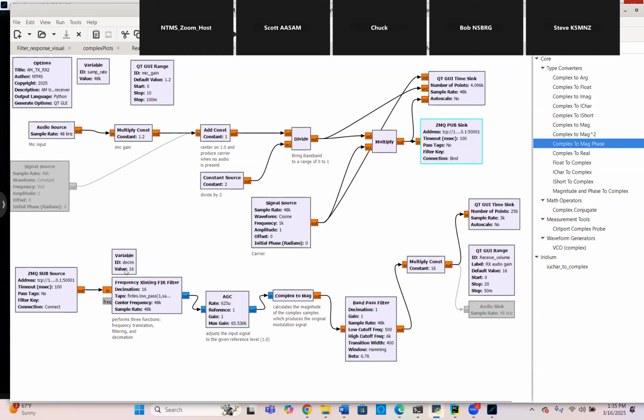I've got a variable set on the decimation because what I was trying to do here, which I think I improved upon on another graph, but basically I was trying to take this 48 kilohertz that's coming out of here with this 1000 hertz carrier and virtually eliminate this 1000 hertz carrier by dropping down the sample rate here to go through AGC in this complex to mag block.